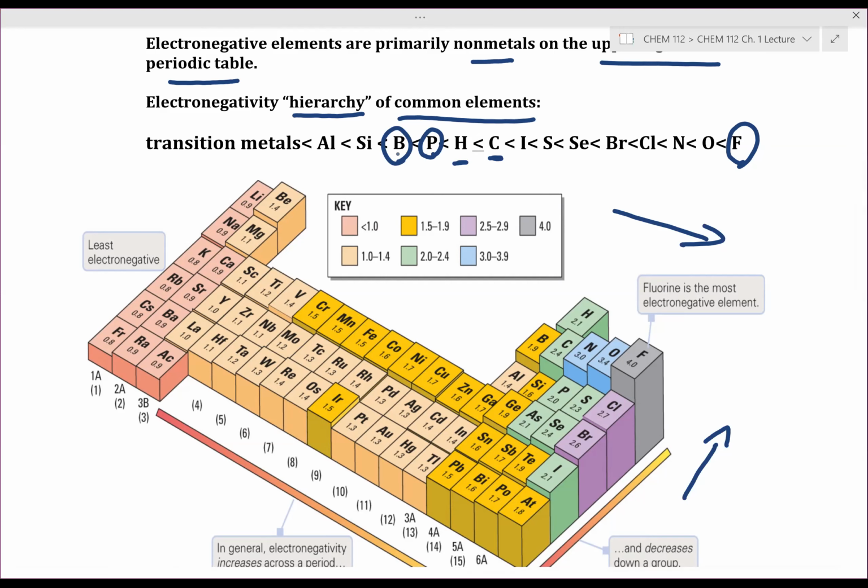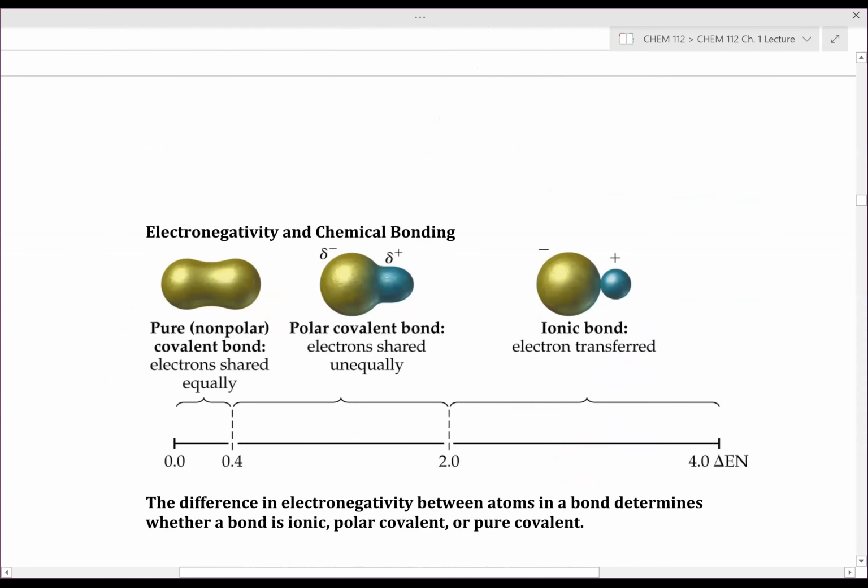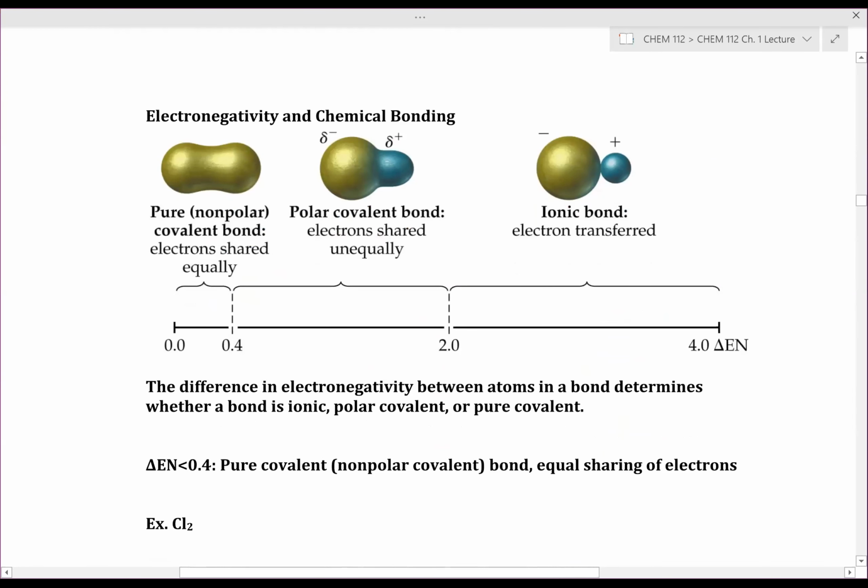Carbon, yeah. This is important later on when we discuss the nature of a carbon-phosphorus bond and how compounds containing carbon-phosphorus bonds react.